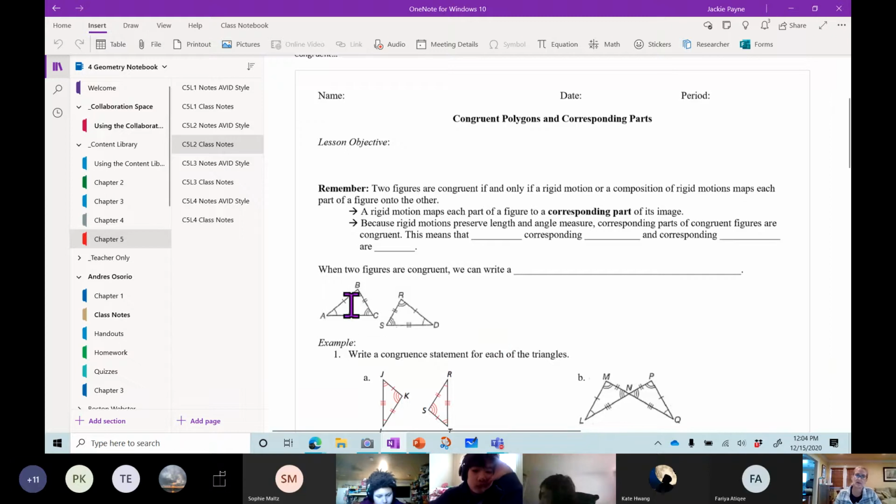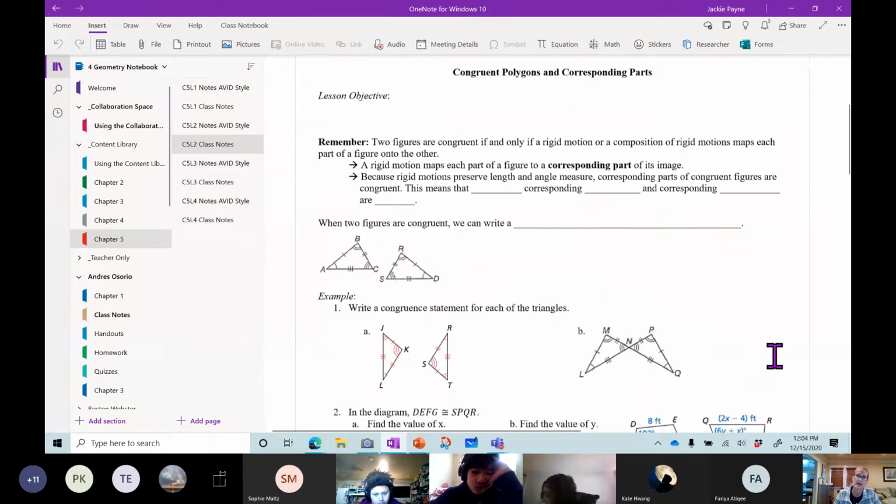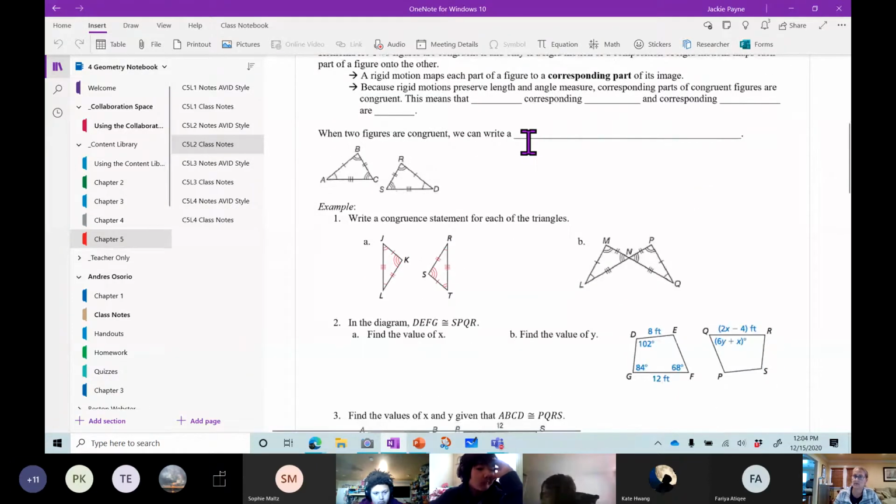So if you can take this first figure and rotate it or flip it or translate it somehow so that it exactly matches this, then you can prove they're congruent. And what that means is then you can write a congruence statement.